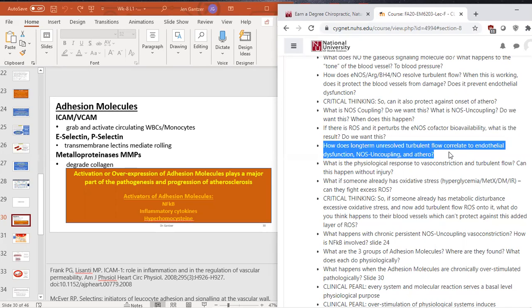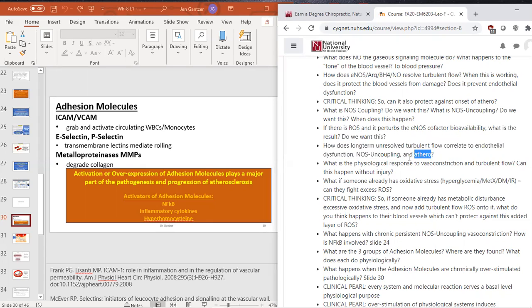If you have endothelial dysfunction, you have NOS uncoupling. NOS uncoupling causes endothelial dysfunction. The process of atherosclerosis is the mechanism of action where NOS uncoupling and endothelial dysfunction coexist, and then you end up with atherosclerosis. So these are all happening simultaneously from the mechanisms that we've looked at thus far.